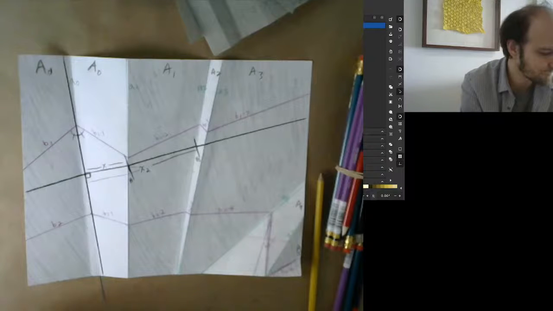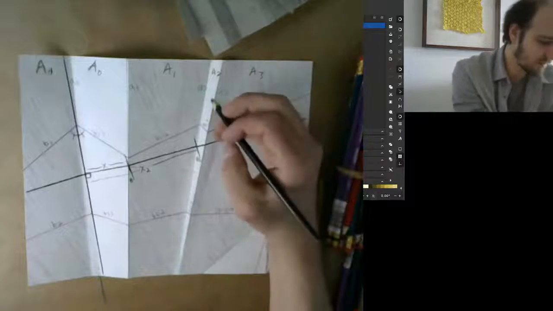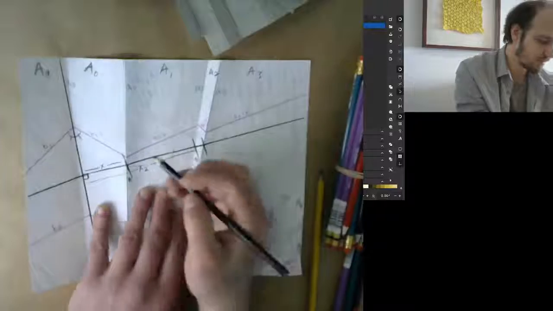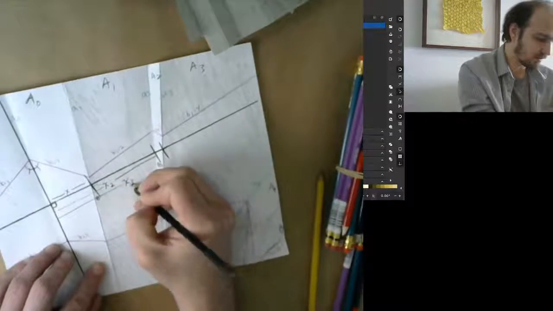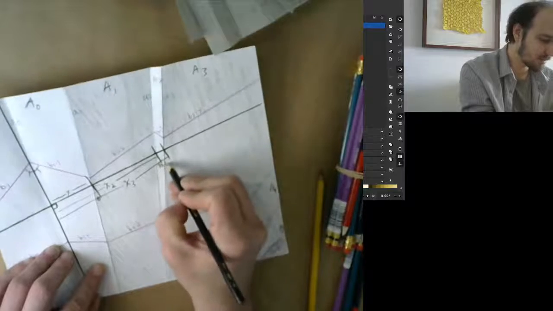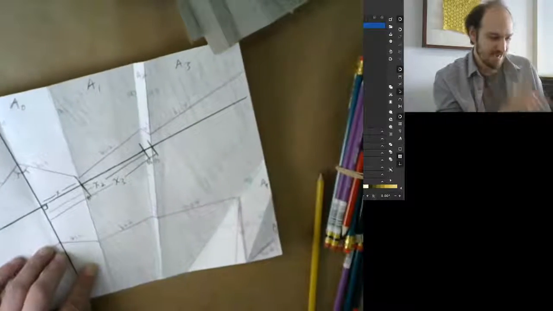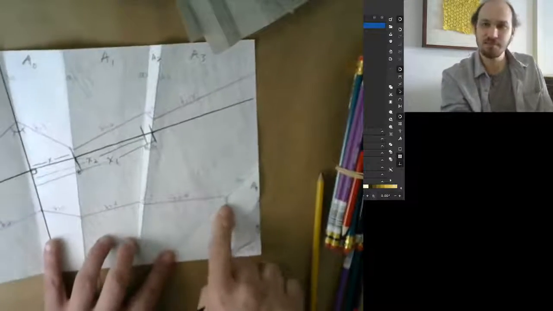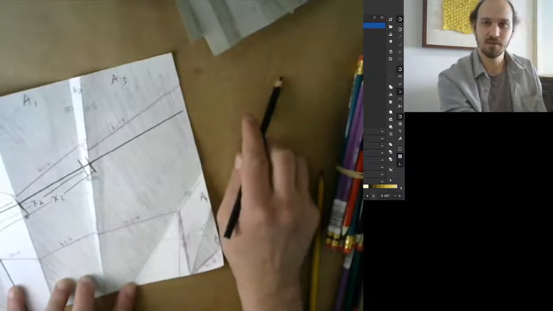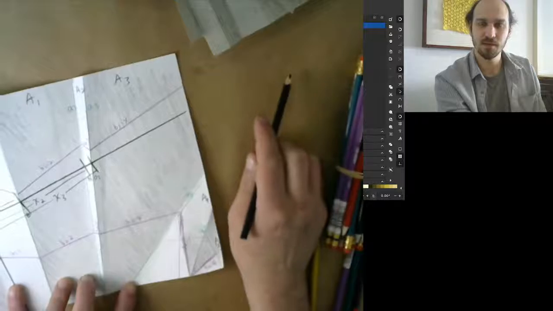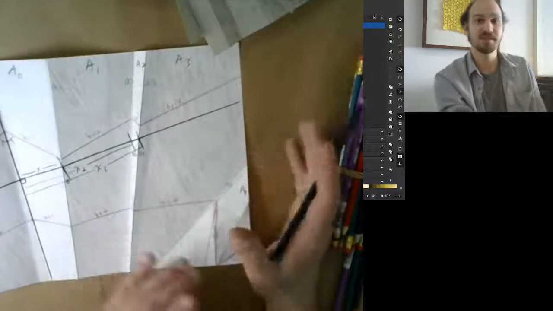Yeah. So the third one, then again, will be x3. This is going to get a little hairy because there's so much going on here. Now, A4 is going to be weird because this won't actually intersect the origin until it's off the page, but it still exists.